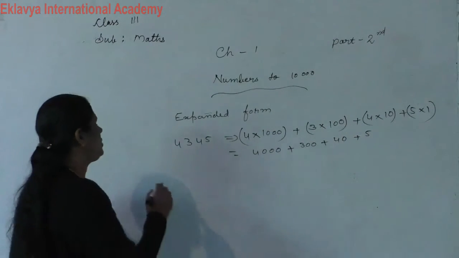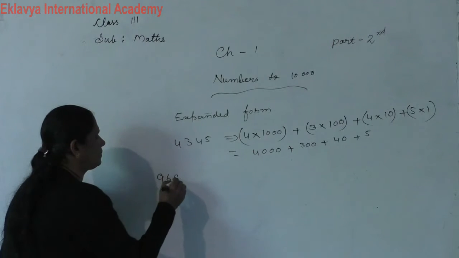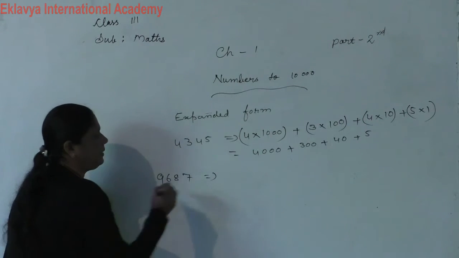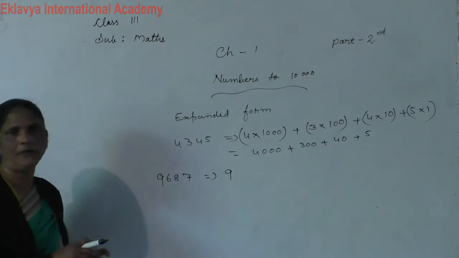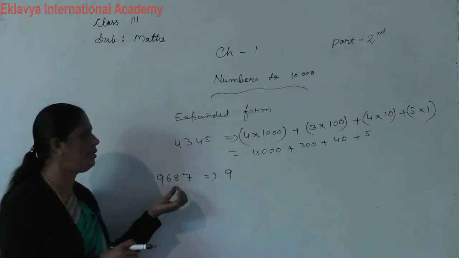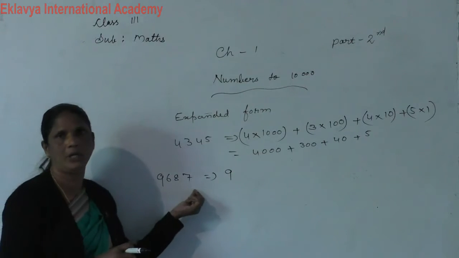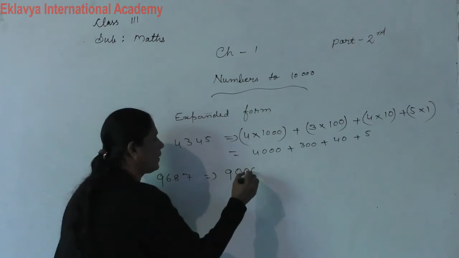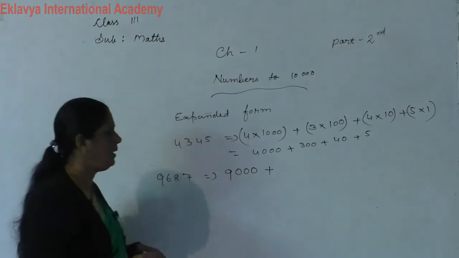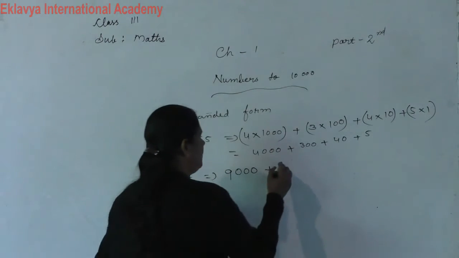Again, one more question. How to expand this? First you write 9. After 9, how many digits do you count? 1, 2, 3. How many digits? 3 digits. You put three 0s. Then plus. Next 6.